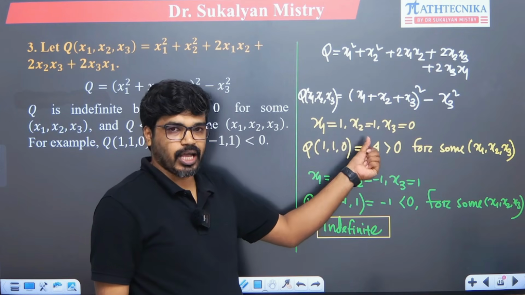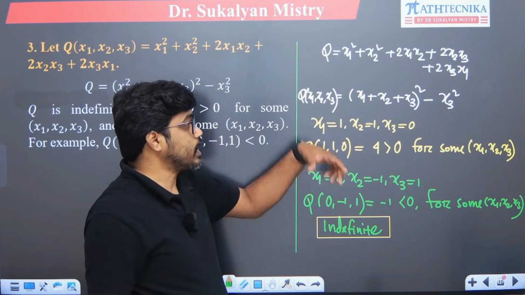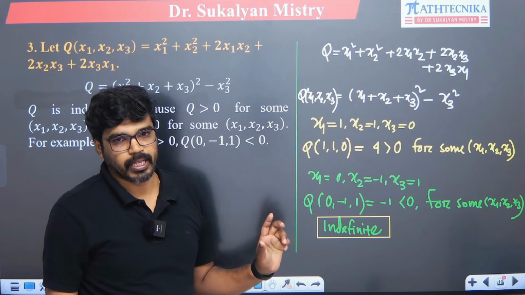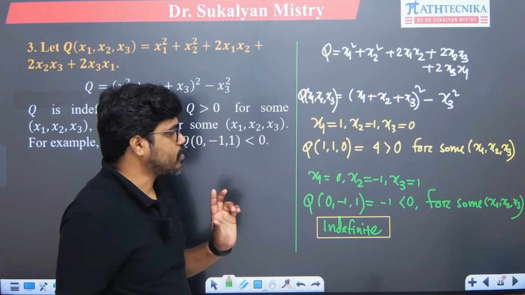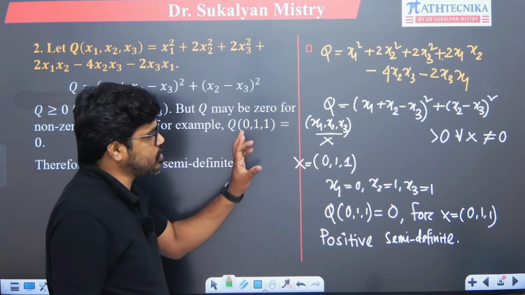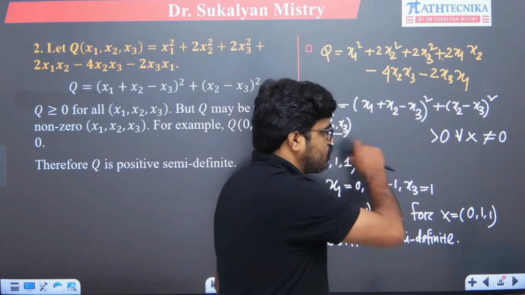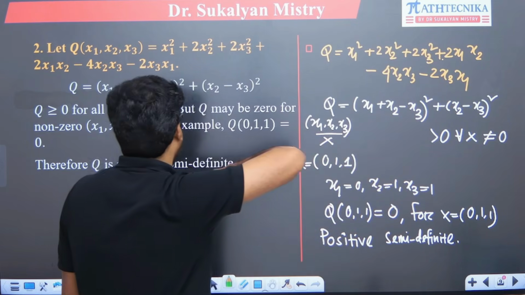So positive as well as negative, so this is indefinite. So this real quadratic form is indefinite. Okay, clear? So positive definite means this must be greater than 0 for all x not equal to 0.